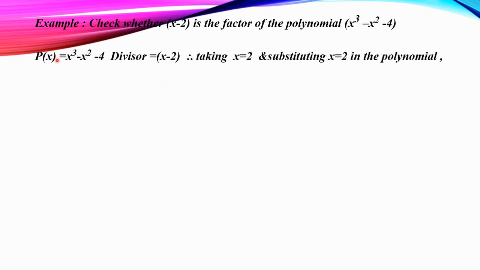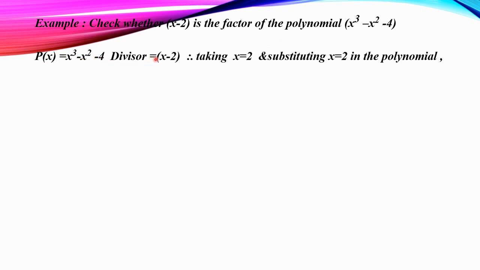Check whether x minus 2 is the factor of polynomial x cube minus x square minus 4. p(x) is equal to x cube minus x square minus 4. Divisor is x minus 2.